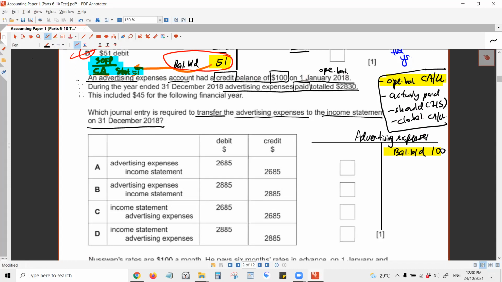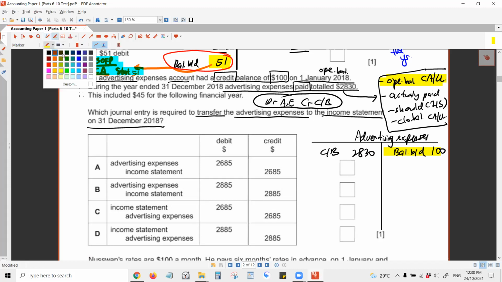Amount you have paid during the year, 2830. This is the amount actually paid. So double entries: credit cash or bank, then you debit advertising expenses, for the 2830. So 2830, cash/bank. Okay, this is the amount actually paid.